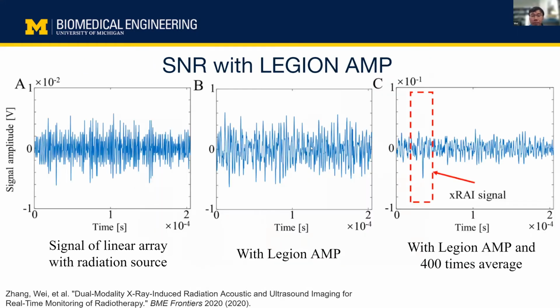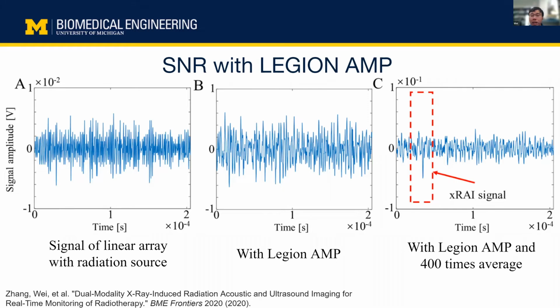So for this system, this is the signal to noise ratio with the amplifier. From figure A, this is the signal of the linear array with the radiation source. You can see that even though we just purely place the linear array under the radiation environment, we still get a huge noise. And with the amplifier, around 60% of the dynamic range of the ADC was occupied. This is the reason why we set the amplifier to 40 dB, because we don't want the noise saturated.